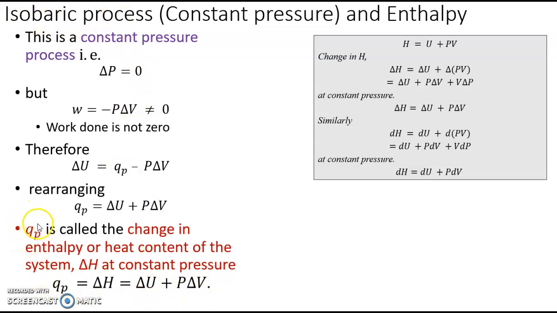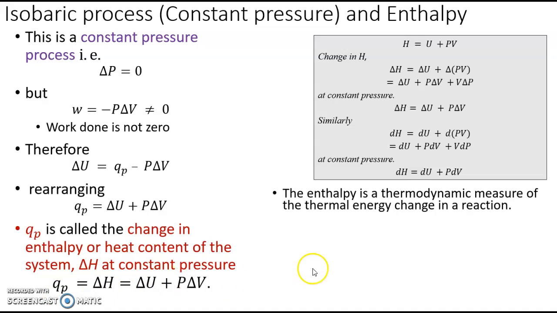So the heat content is the change in enthalpy at constant pressure. Note that Q is not equal to H in general. QP at constant pressure is equal to the change in enthalpy.